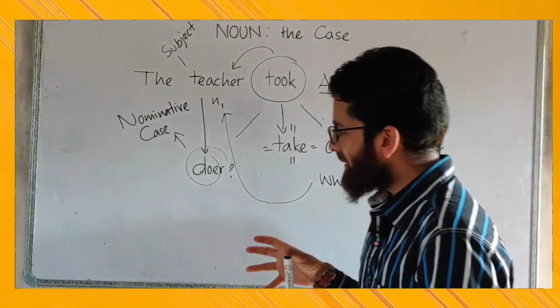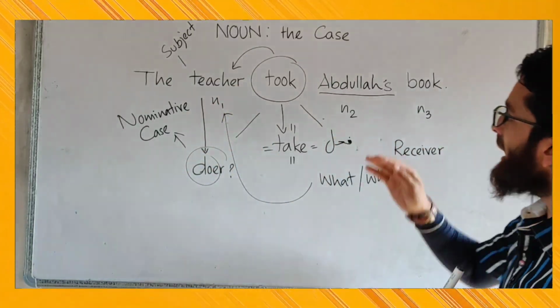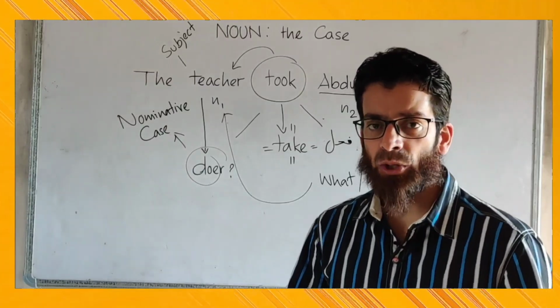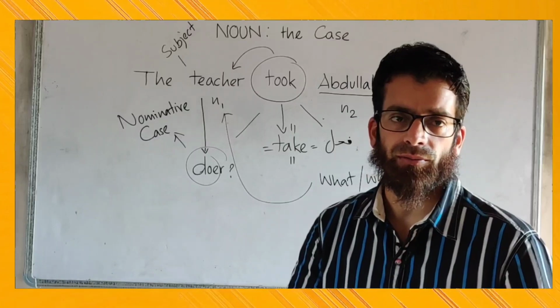So अब जब ये काम टीचर ने किया है, उस्ताद ने किया है, ये काम किस पे अंजाम हुआ है? What is that which is the receiver of the action?